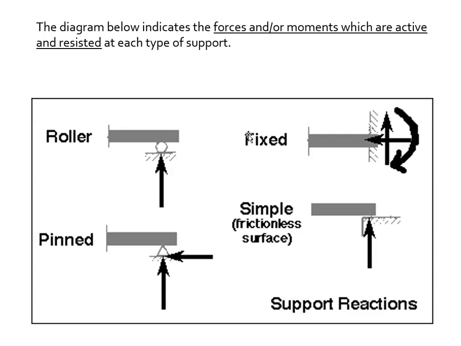So things are basically getting pushed and pulled, and based on what the engineers figure out is going to occur in a particular situation, they will pick the appropriate type of connection to resist it. Here, this is the roller. It only pushes up and down. That's all it's going to deal with. It's going to allow things to roll.